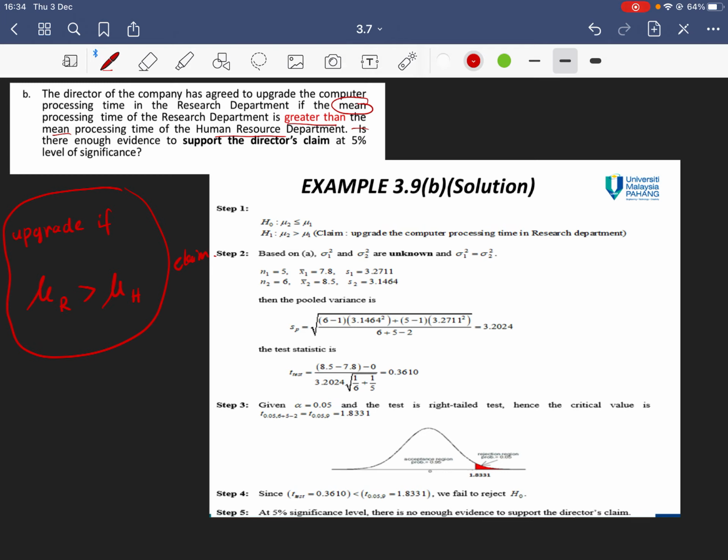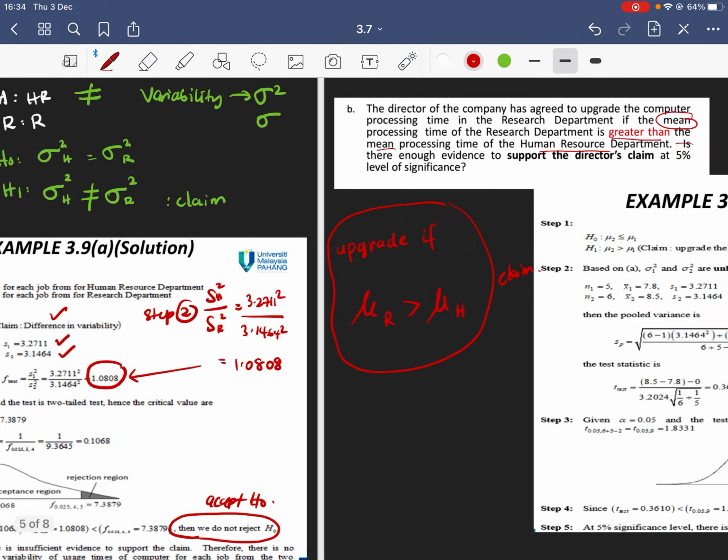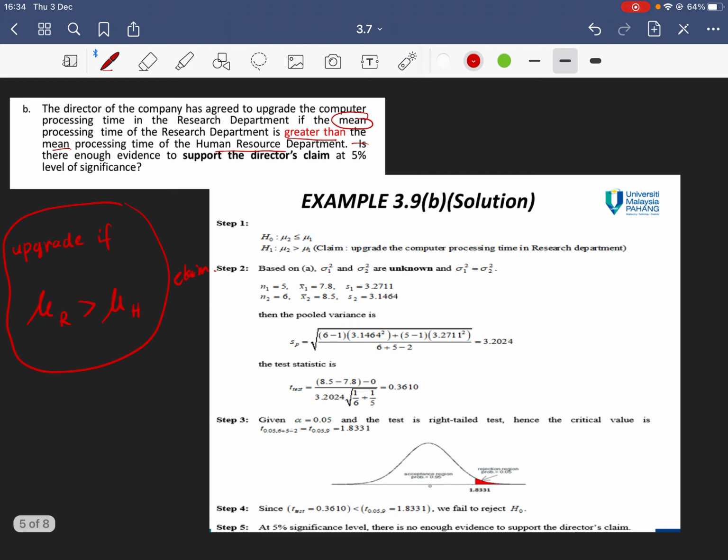So now the question asks you to test the difference between these two population means. So now it is population mean. Why is it here in this variability? Because it's related to this equation. So now this is the hypothesis. So the hypothesis is mu research greater than mu human resource. So this one.